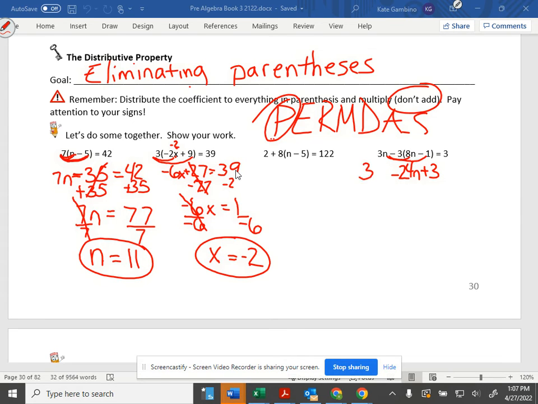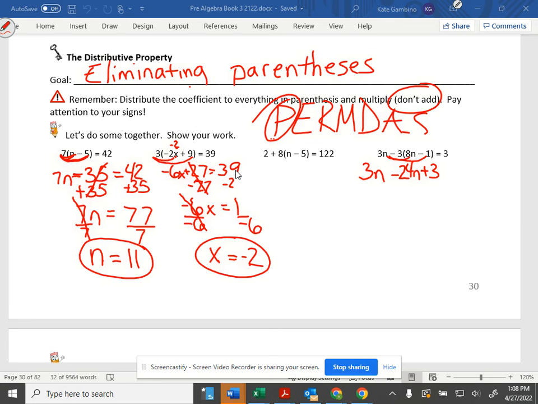We can't forget that we have that 3n to start off our equation. You cannot move where that 3n is. It's at the beginning. It has to stay at the beginning. You can't say, well, I'm doing parentheses first, and then I'm going to put it at the end. You always keep everything in the same order. Again, you may end up getting the same answer, but when we get to more complicated problems, if you're switching around where your things are in your equation, it gets messy and you make mistakes.